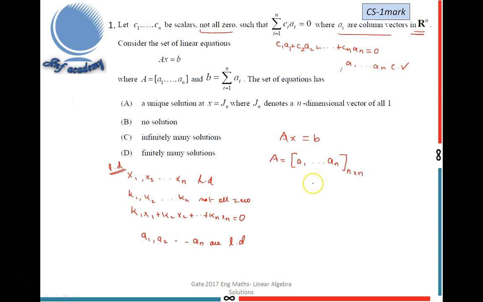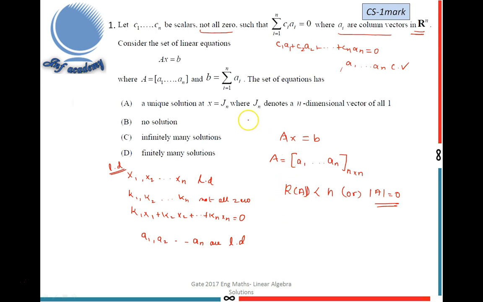Otherwise, it is linearly dependent and rank of A is less than n. Or it may be determinant of A equal to 0. Determinant A equal to 0 means rank of A must be less than n. Finally, I say rank of A is less than n.